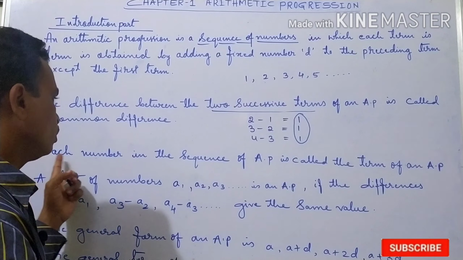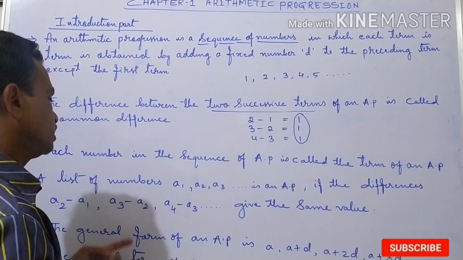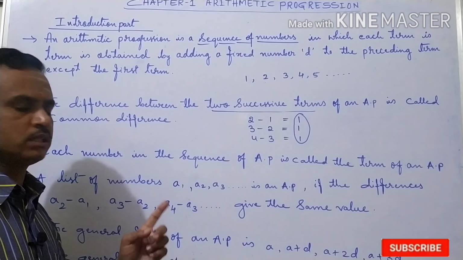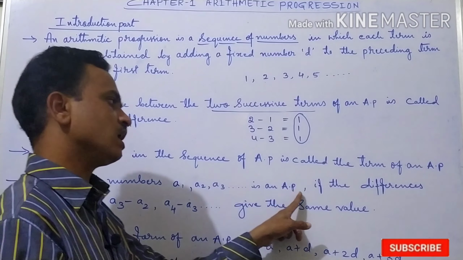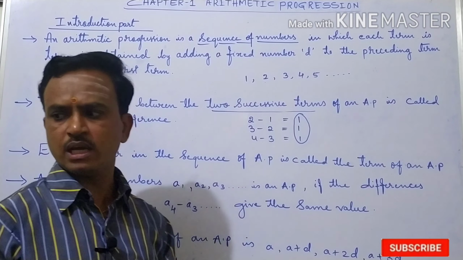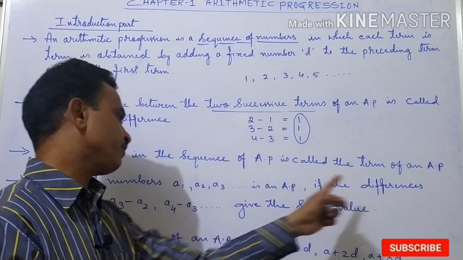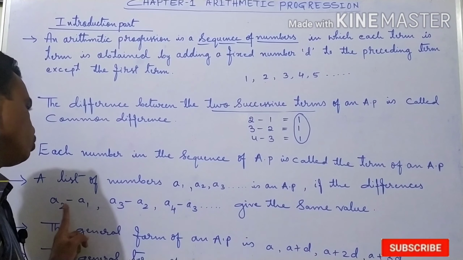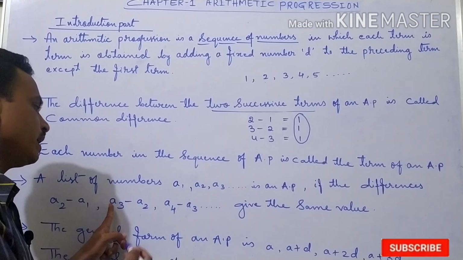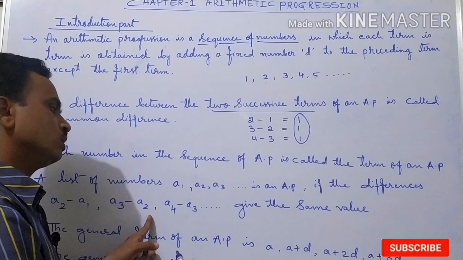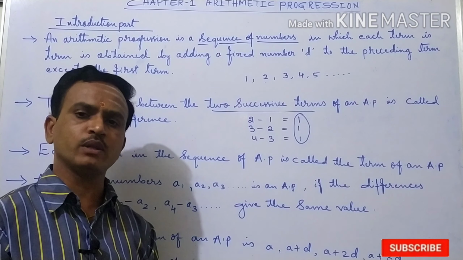Next point, the list of numbers A1, A2, A3 is an arithmetic progression if the differences A2 minus A1, second term minus first term, then A3 minus A2, then A4 minus A3 and so on, give the same value.